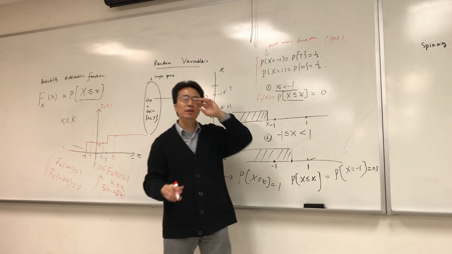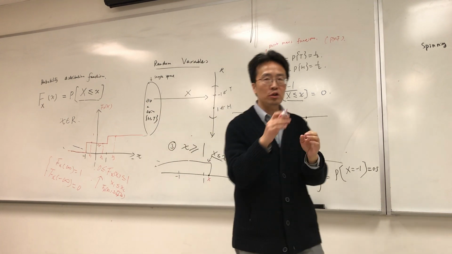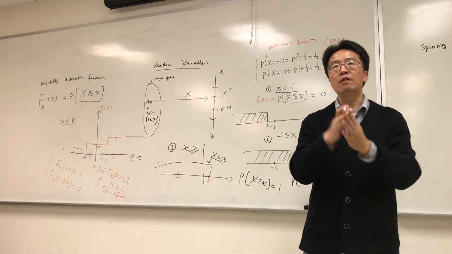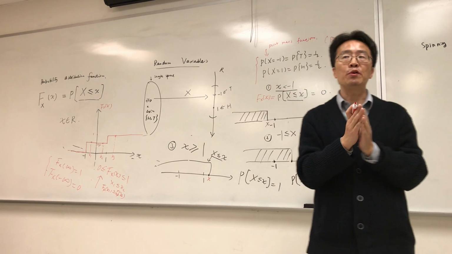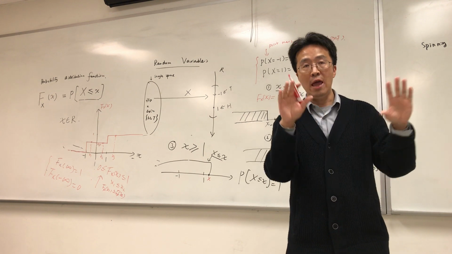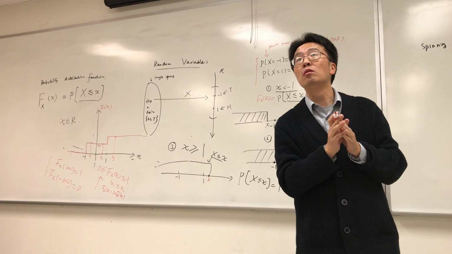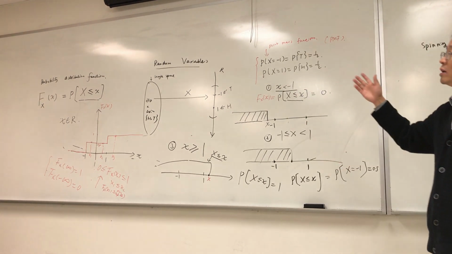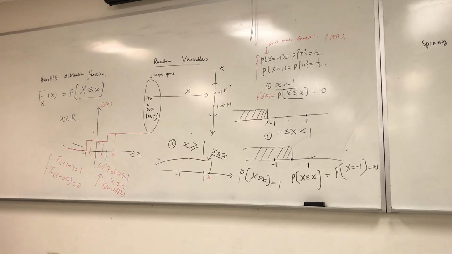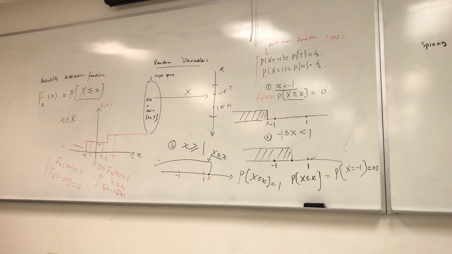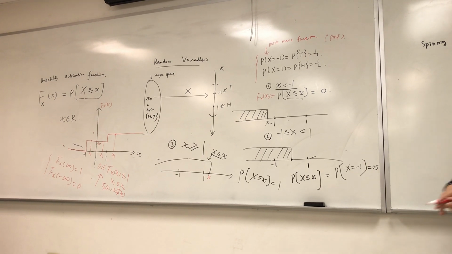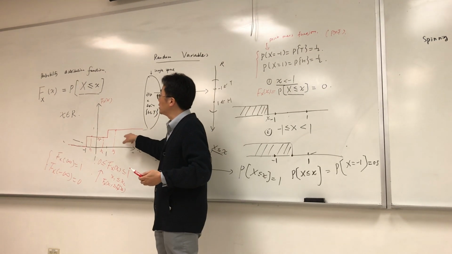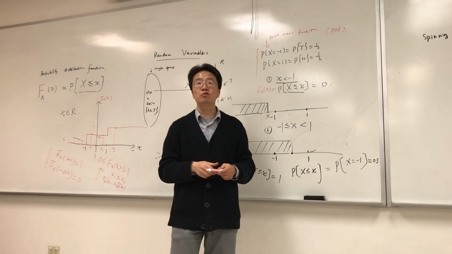Later we're going to see that in order to determine the mean value and the variance, the calculation will be totally different between discrete random variables and continuous random variables. At this early stage, we just try to see the difference between discrete and continuous in terms of the difference between their distribution functions.